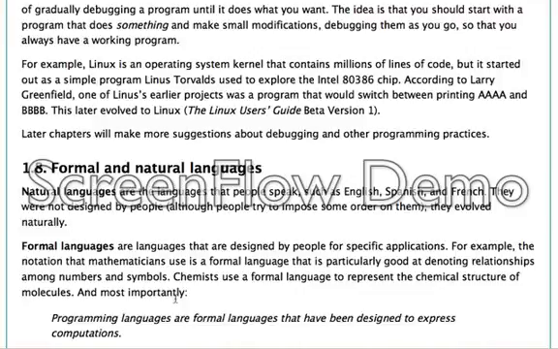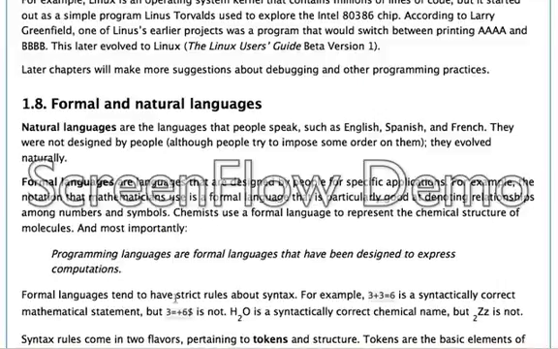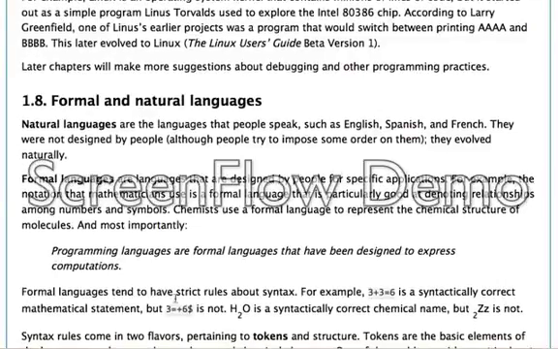For example, the notation that mathematicians use is a formal language that is particularly good at denoting relationships among numbers and symbols. Chemists use a formal language to represent the chemical structure of molecules. And most importantly, programming languages are formal languages that have been designed to express computations.